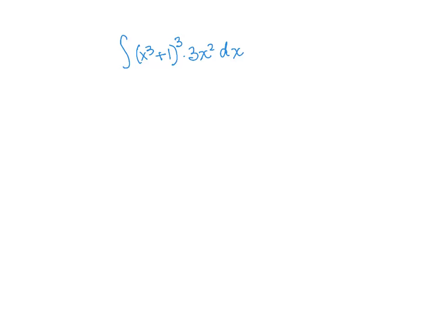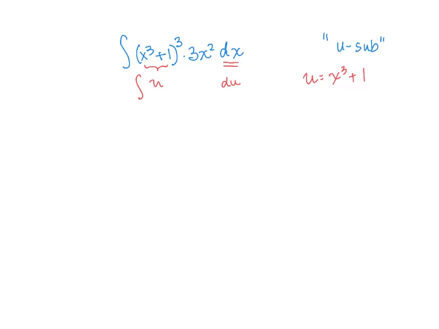What you want to look for is, since this is what I call u sub, which is really just integration by u substitution, we're going to need to pick our particular u, and that's typically going to be the most complicated piece in that original integration. So let me go over here, and I'm going to let u be x cubed plus 1. If I'm going to make that a u, I'm going to have to find something that is equal to my du.